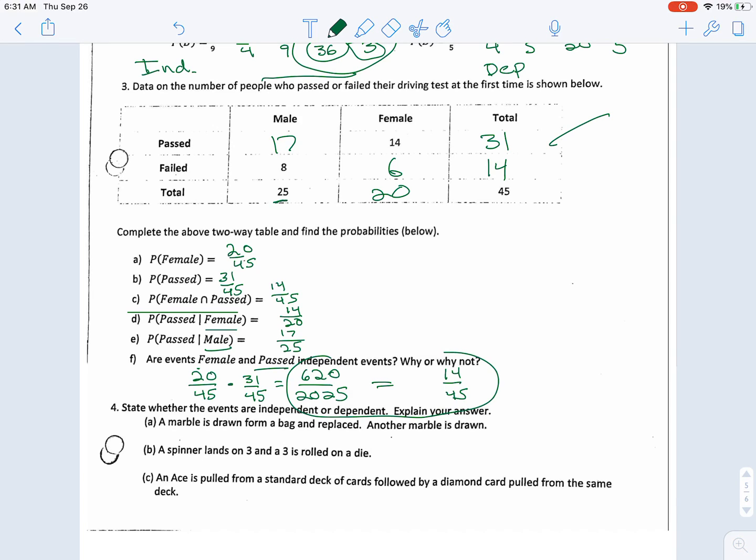Are these equal? 620 times 45, and 2025 times 14. Close, but no. So these are dependent.